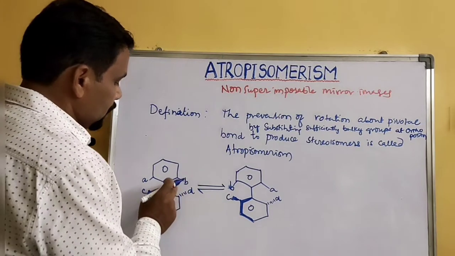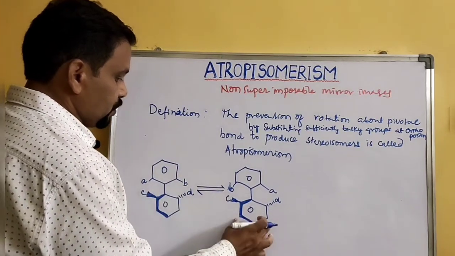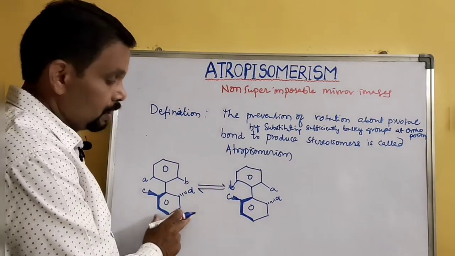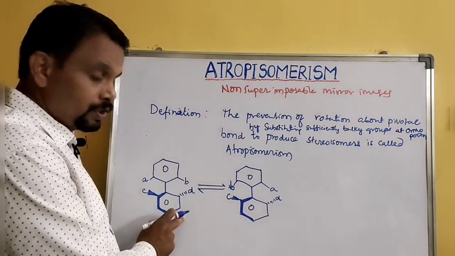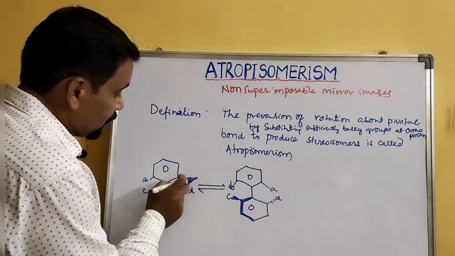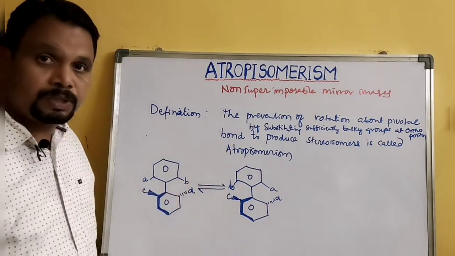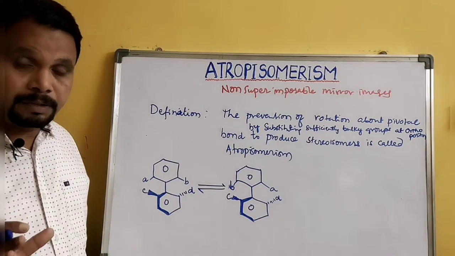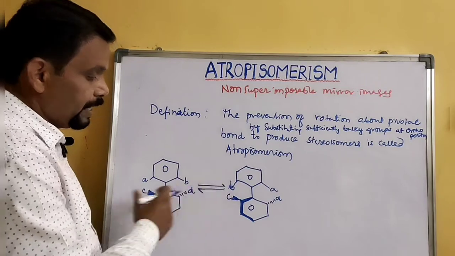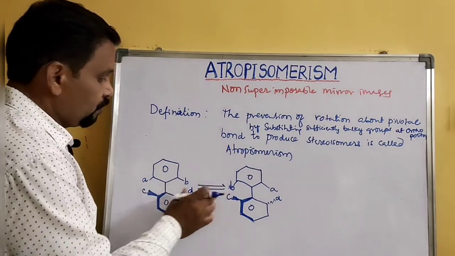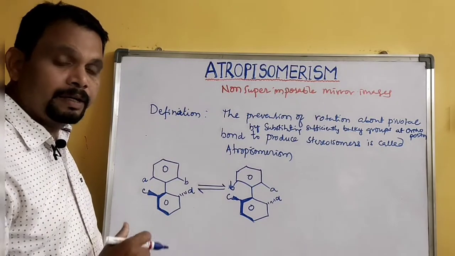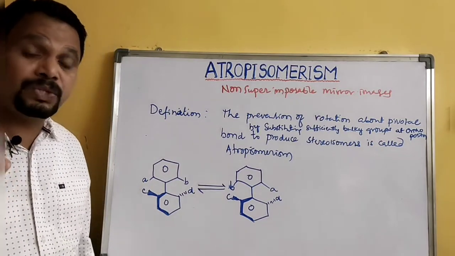That means this conformer converts to this one and this converts back to this conformer, or this stereoisomer. If the ortho substituted groups are smaller, in the case of hydrogen, this will happen. This will move forward and this will come back. Why? Because hydrogen size is very small.